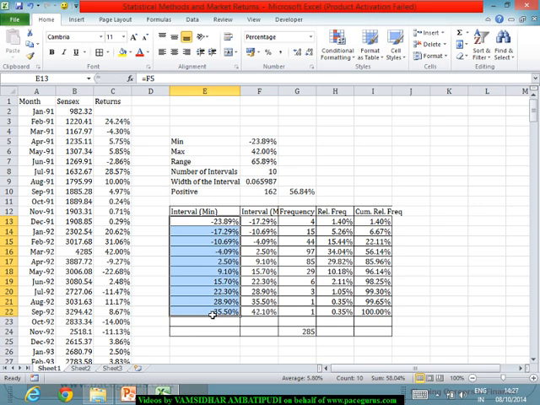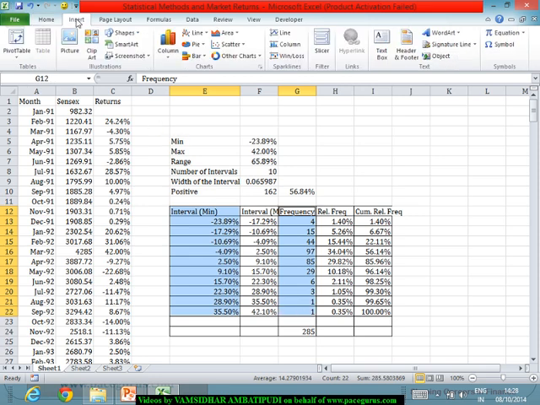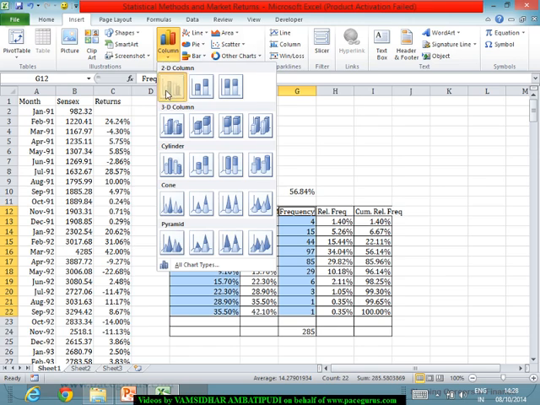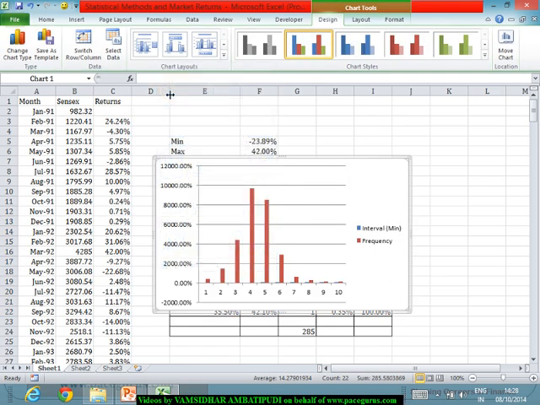For each of these intervals, I'm looking at the frequencies. I'll take the frequency corresponding to each of these intervals, and I'll simply plot a column chart. That is what we call a bar chart.